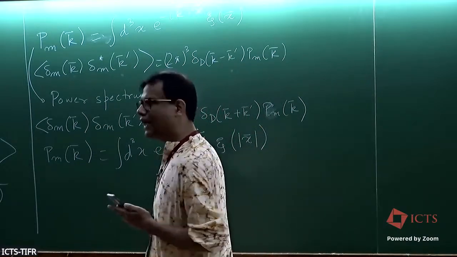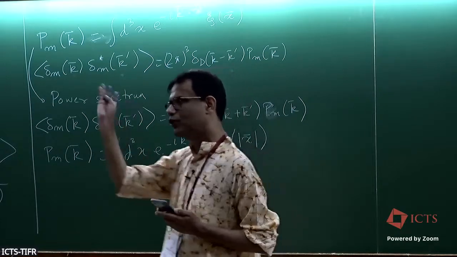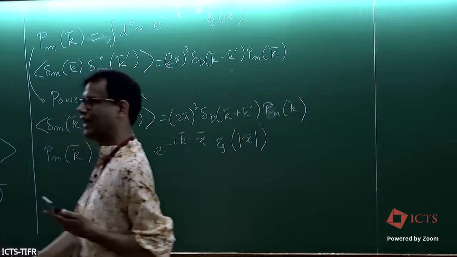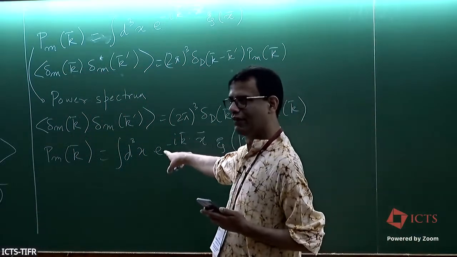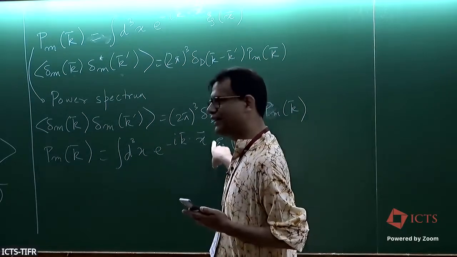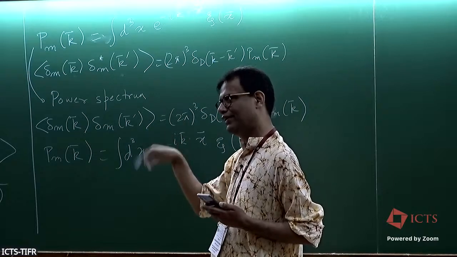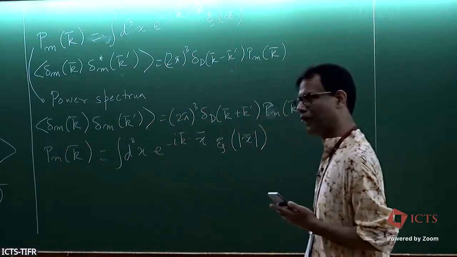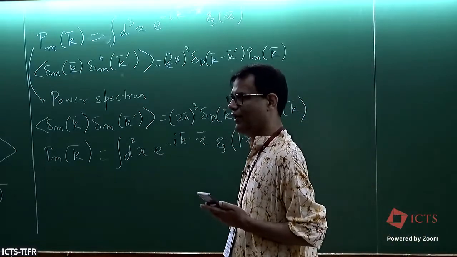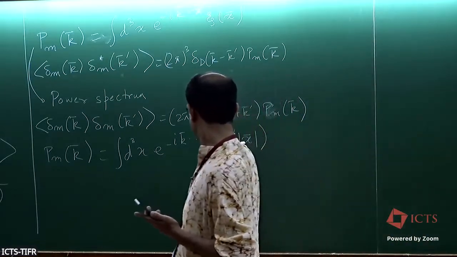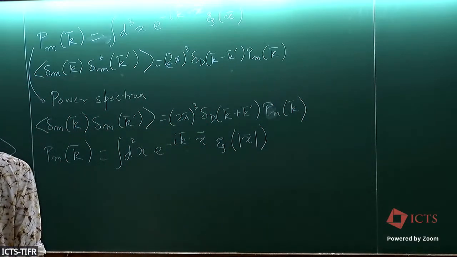e to the i k dot x, you have to write it as i k x times cos theta. Assume that k is along the z-axis. Then you can do the theta integral first, which will involve only this. And the phi integral will be done just like that. It will immediately give you 2 pi. So you will end up with only the radial integral, because this thing just depends on the radial part. I am not going through the full calculation again.